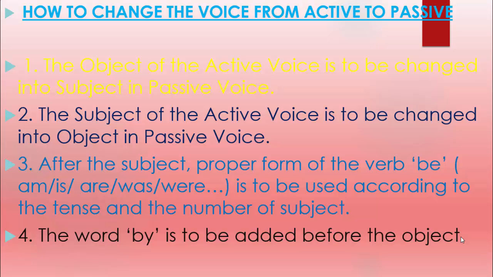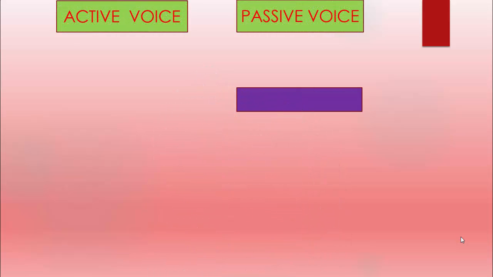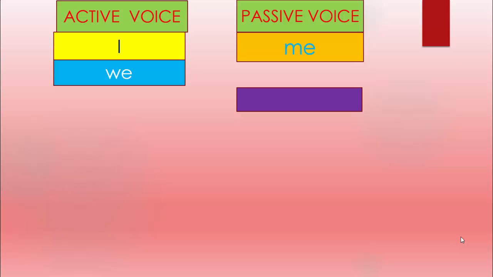So friends, now let us see which are the other changes. If there is I in active voice, it becomes me in passive voice. If there is we in active voice, it becomes us in passive voice.